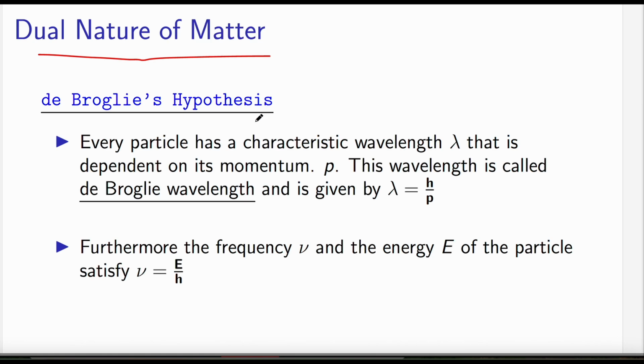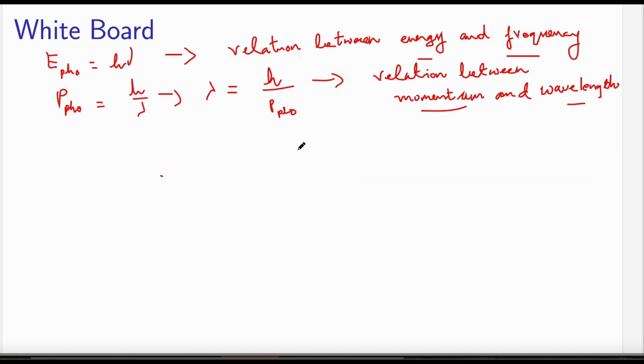What de Broglie said was this: it's not just about photon, every particle has a characteristic wavelength lambda that is dependent on its momentum p. You can see for photon, if the momentum of the photon is p photon, then its wavelength lambda is h by p photon.